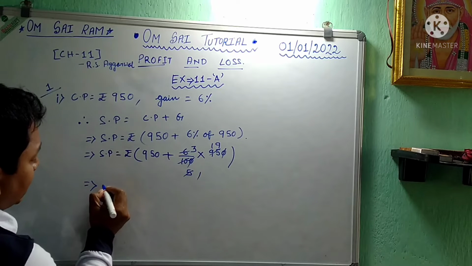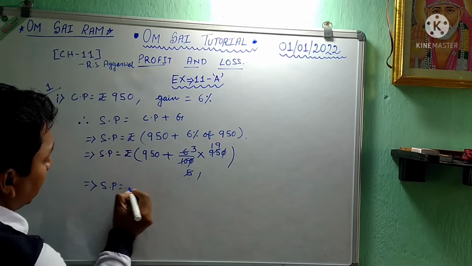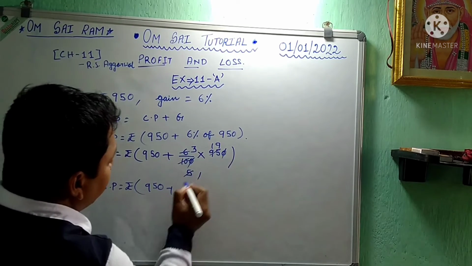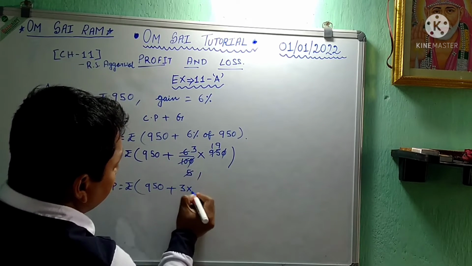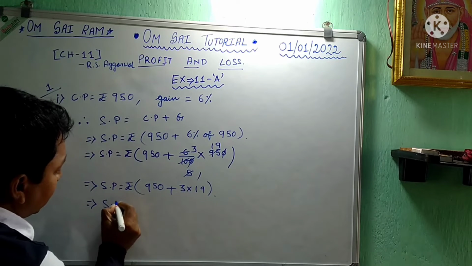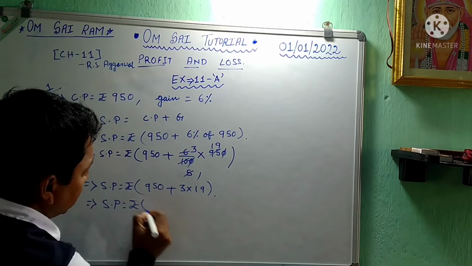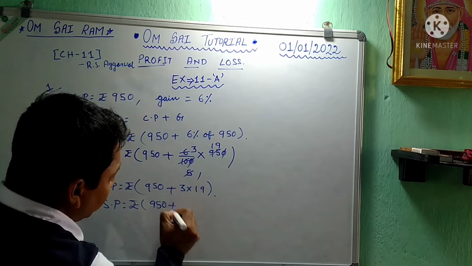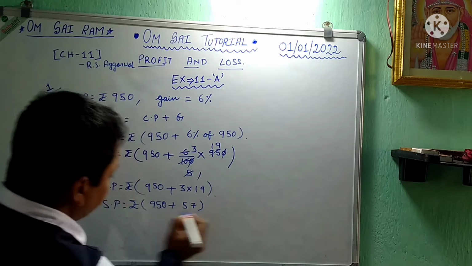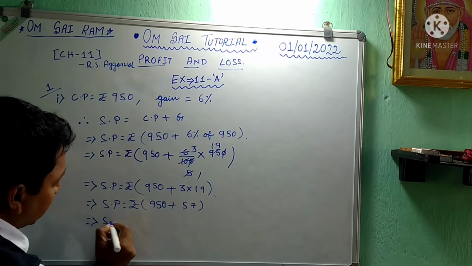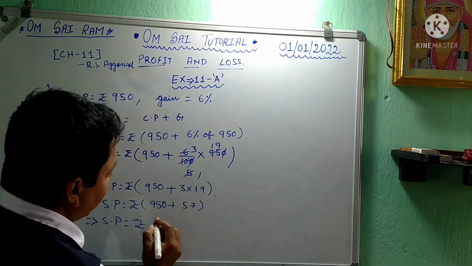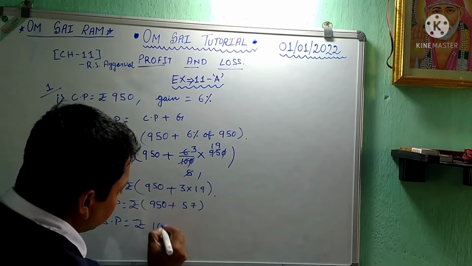So we have simplified the expression, and now we are left with 950 plus 3 into 19. So the selling price is rupees 950 plus 3 into 19, that is 57. We get the final answer as rupees 950 plus 57, that is 1007.